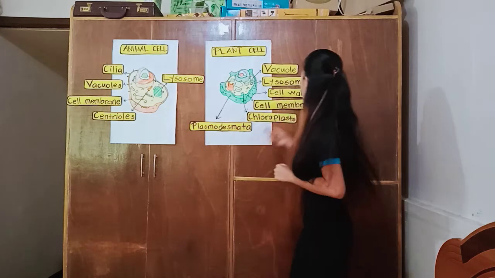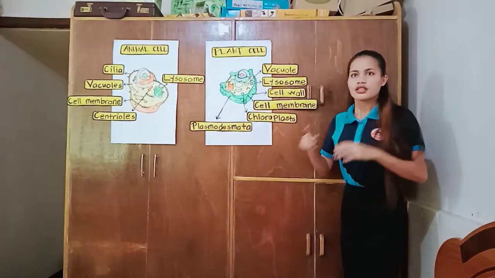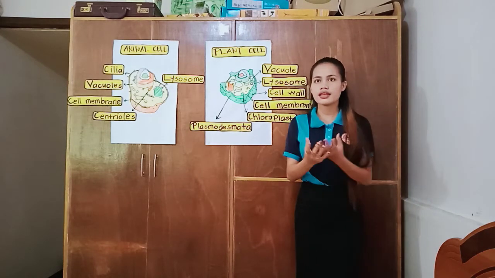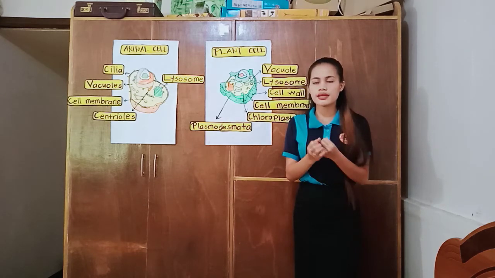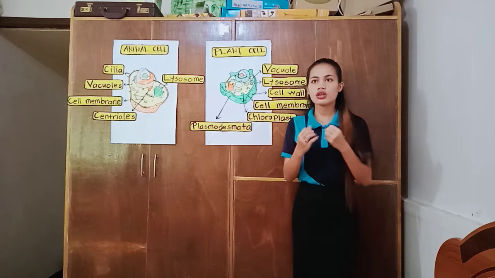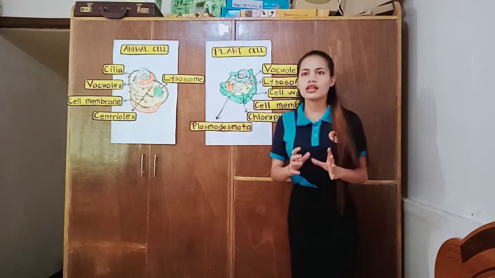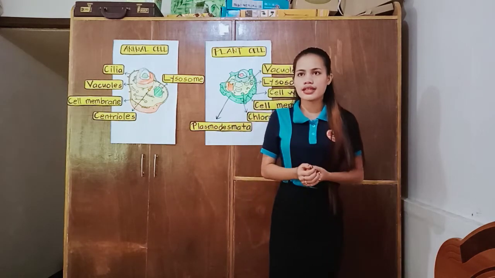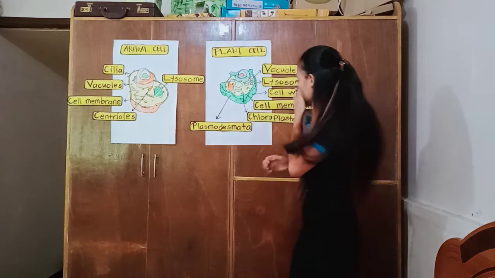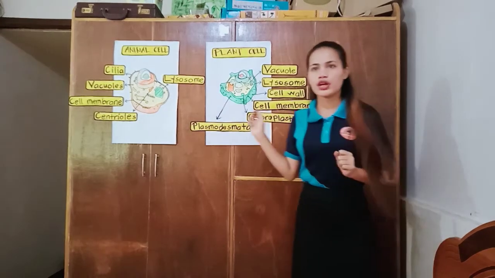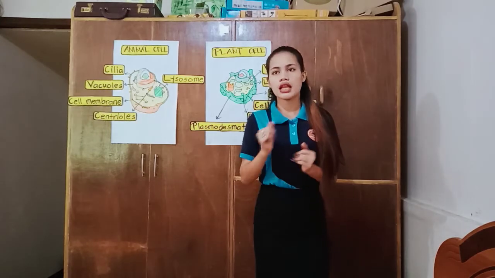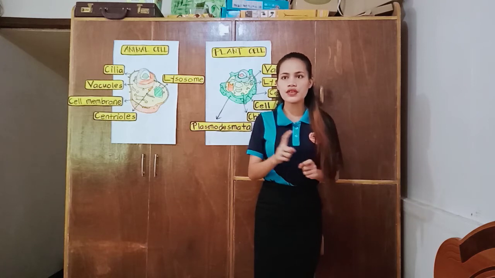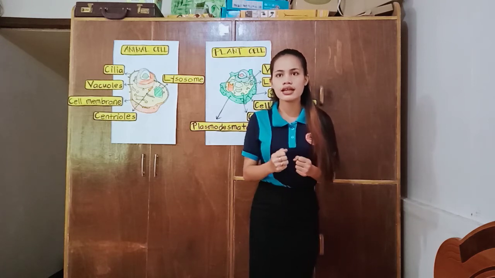And the third one is the cell wall. The cell wall surrounds the plasma membrane of plant cells and provides tensile strength and protection against mechanical and osmotic stress. It also allows turgor to develop, which is the pressure of the cell contents against the cell wall. And the fourth one is the cell membrane. The plasma membrane or cell membrane provides protection for a cell. It also provides a fixed environment inside the cell.